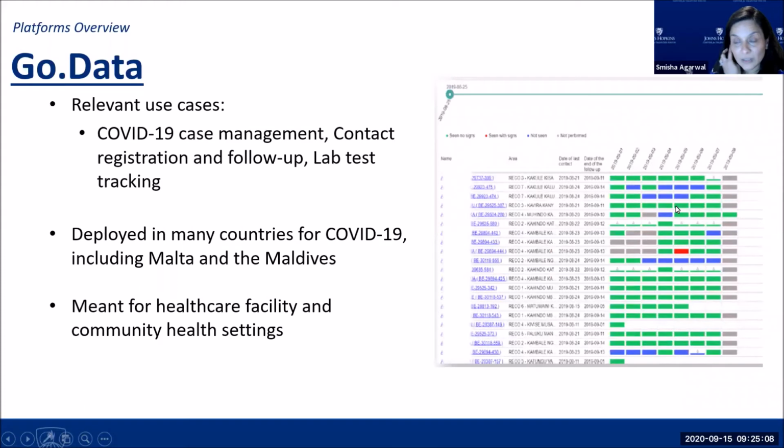So we looked at Go Data, which is a fairly easy to use case and contact data collection and visualization tool. It allows you to visualize disease transmission and has functionality for case investigation and contact follow-up. I mentioned the chains of transmission, and it was used in the Ebola outbreak in DRC. Again, like ComCare and DHIS2, it is highly configurable with several features as well as several turnkey-ready COVID-19 applications.